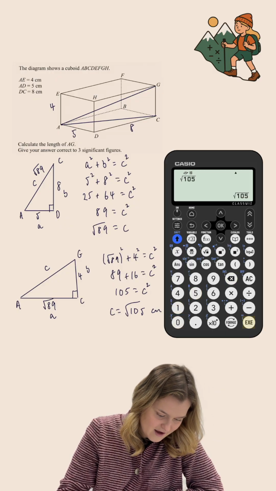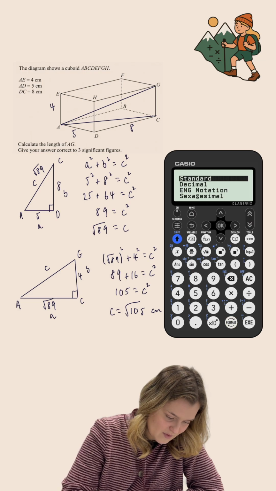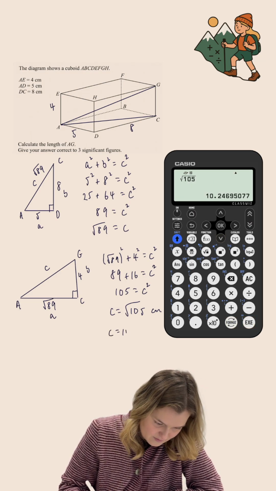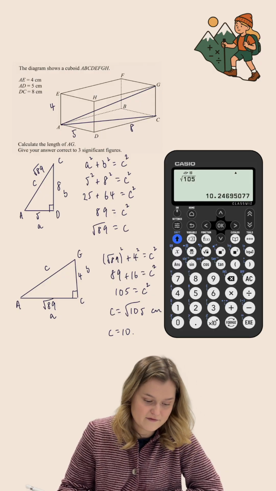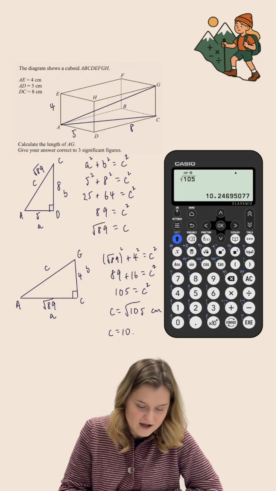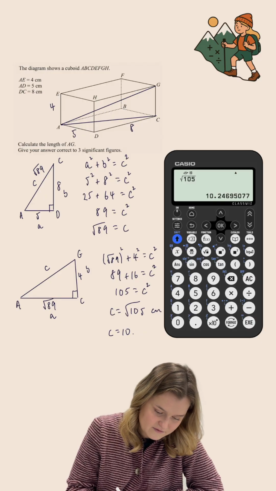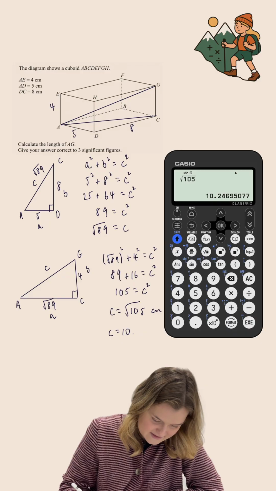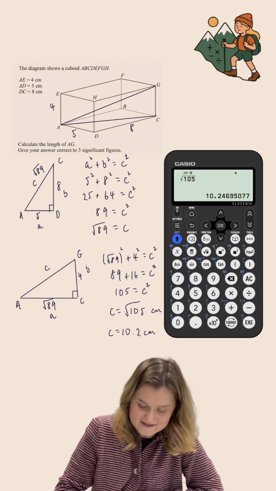I'm going to change that to decimal by pressing the format, going down to decimal, and that gives me 10.24695077, and so on. My question says to round this to 3 significant figures, so my answer is going to be 10.2 centimetres.